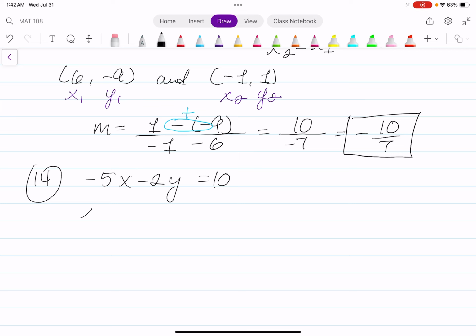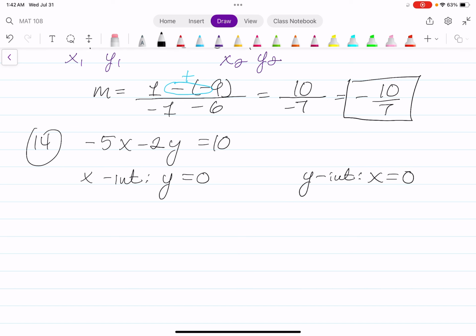And to find the x-intercept, we set y equal to 0. And to find the y-intercept, the x is equal to 0. So let's find the x-intercept first, replacing the y with 0. So negative 5x minus 2 times 0 is equal to 10. Negative 2 times 0, that's canceled.